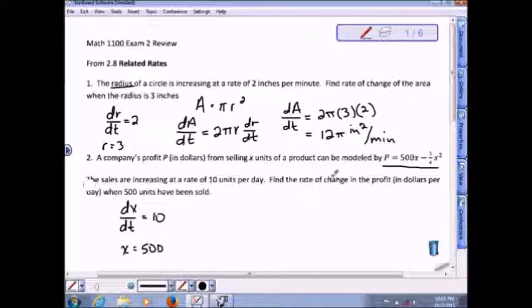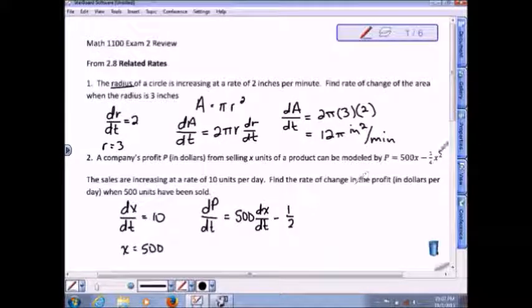So now the derivative of the profit with respect to time, dP/dt, is equal to 500 dx/dt minus 1/2. Now the 2 in the x squared is going to drop down in front and multiply 1/4. 2 times 1/4 is where the 1/2 came from. 1/2 x dx/dt.